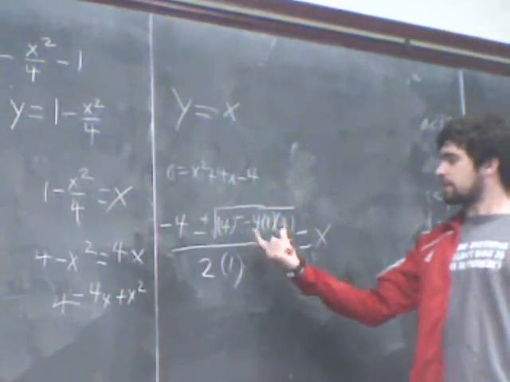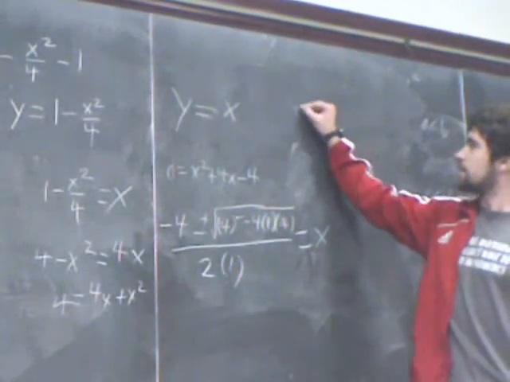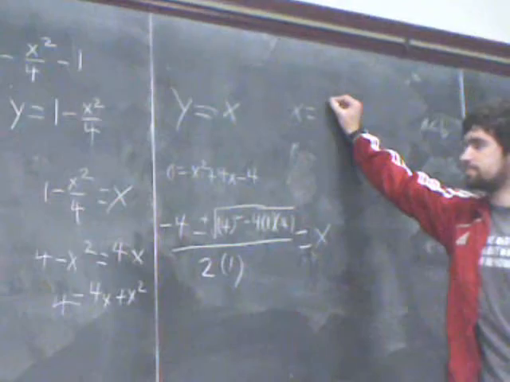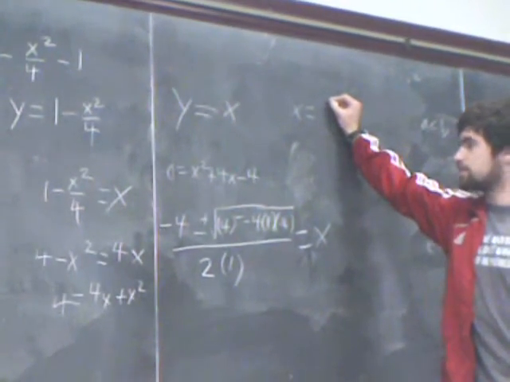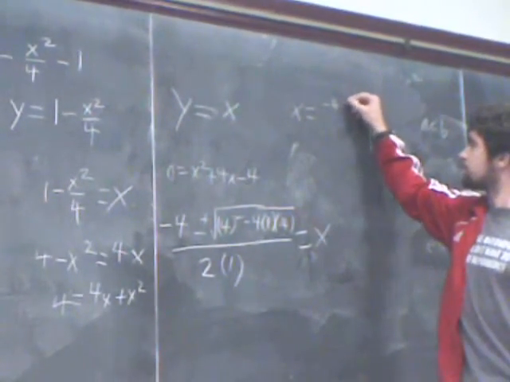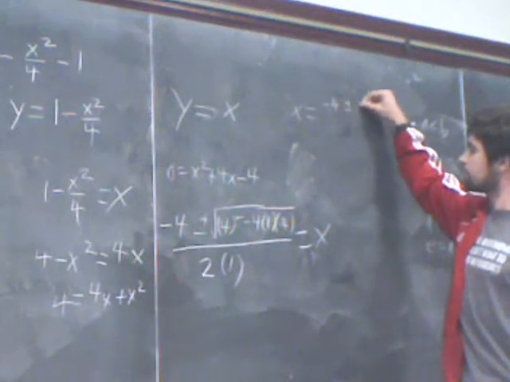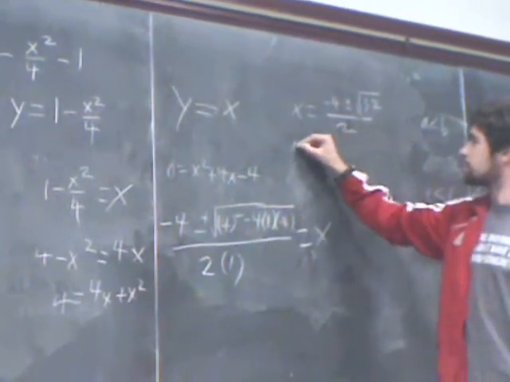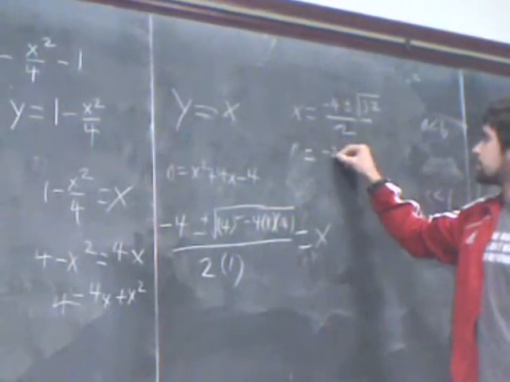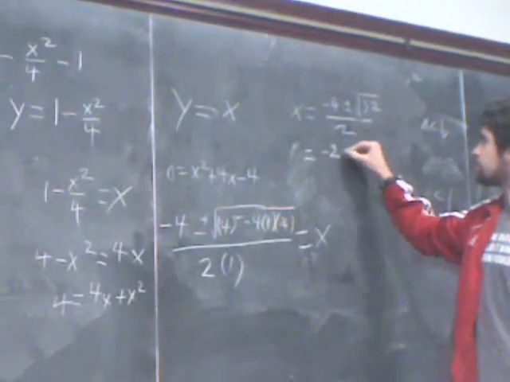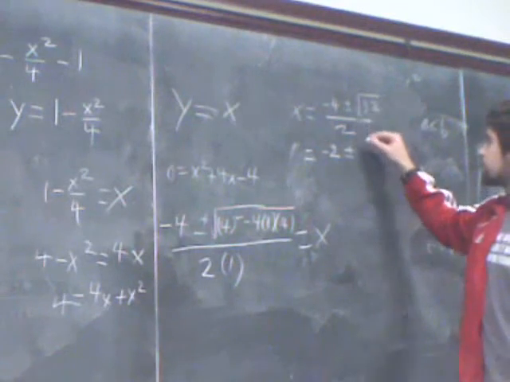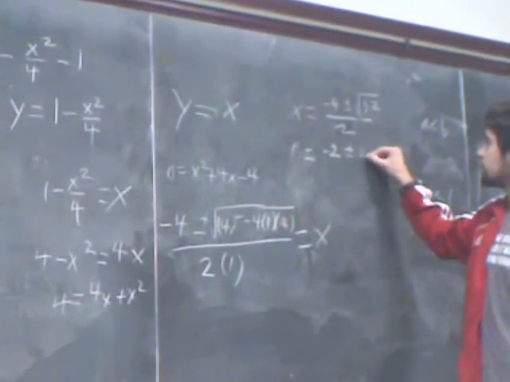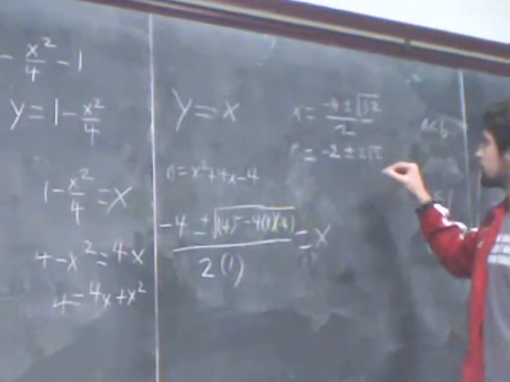So you calculate this out, you end up getting x equals, what are the values you get? 16 plus 16, take out the 2.